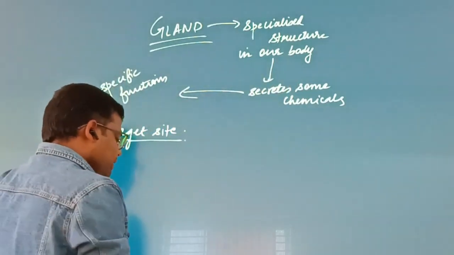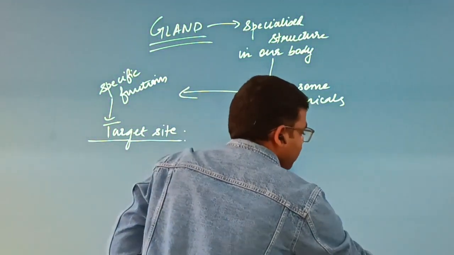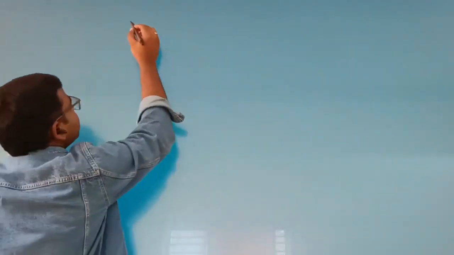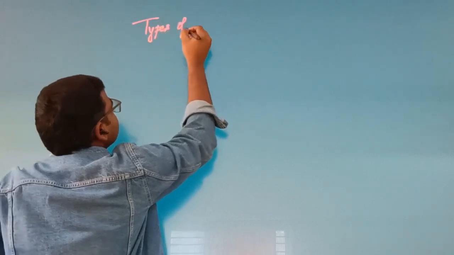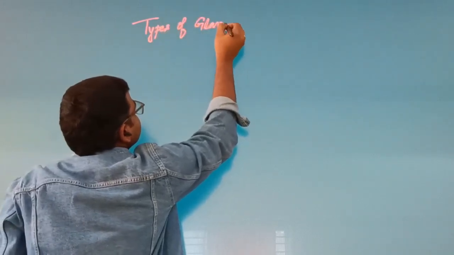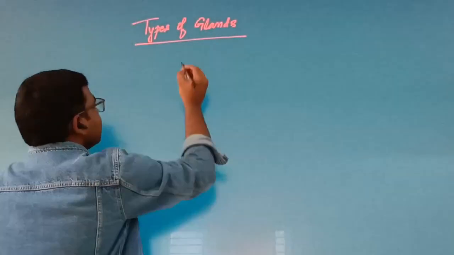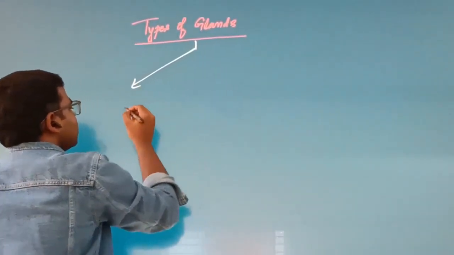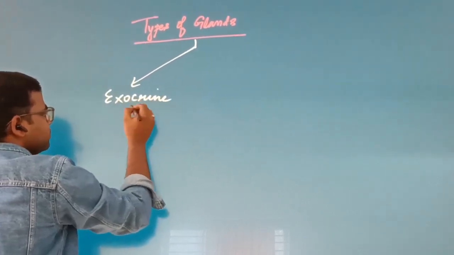Now talking about the classification of glands. Okay, so let's talk about the classification of types of glands. So students understand there are mainly 3 types of glands. The very first type of gland is called exocrine gland.